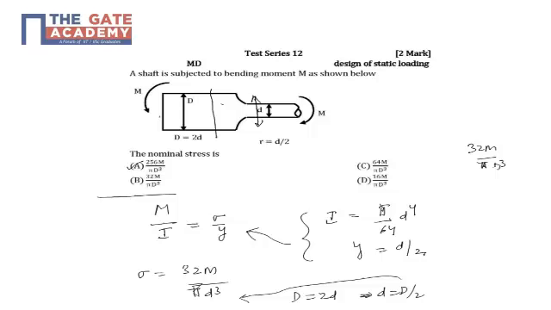Comparing the smallest cross section and the bigger cross section, one gives 256 M by pi D cube and the other 32 M by pi D cube, so obviously one is more. You can fix it at the start, or calculate stress in part 1 and part 2 and report whichever is the maximum. So 256 M by pi D cube is the answer.